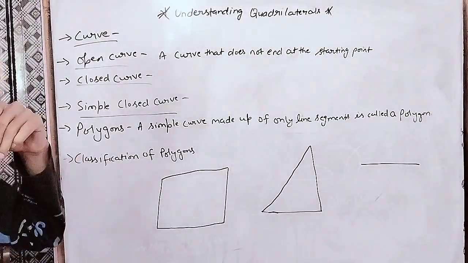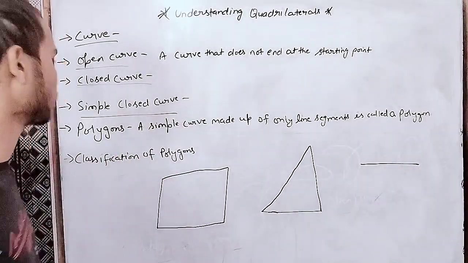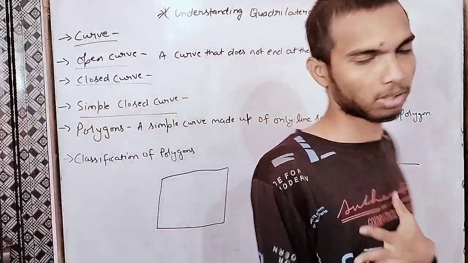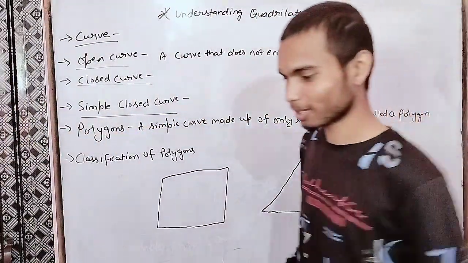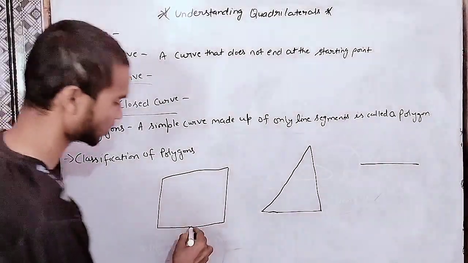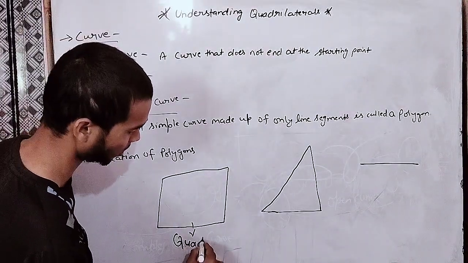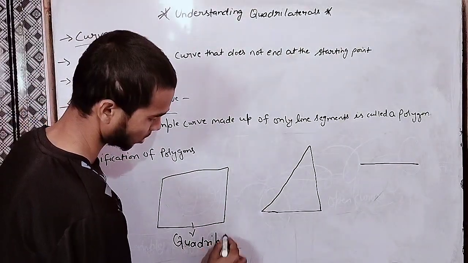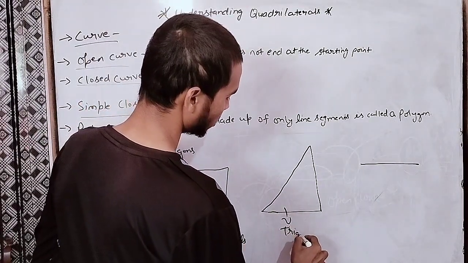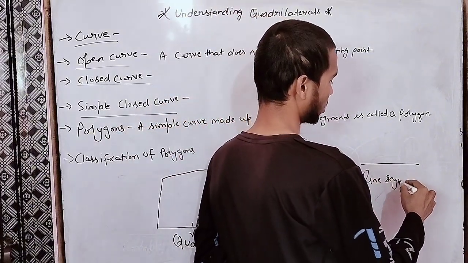Okay. A simple curve made up of only line segments is called a polygon. Clear. Now let's talk about the classification of polygons. Just have a look. This is known as a quadrilateral, and this is a triangle, line segments.